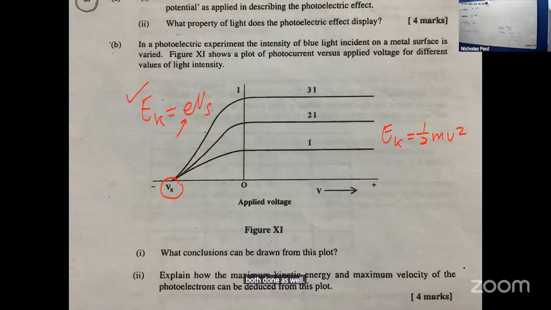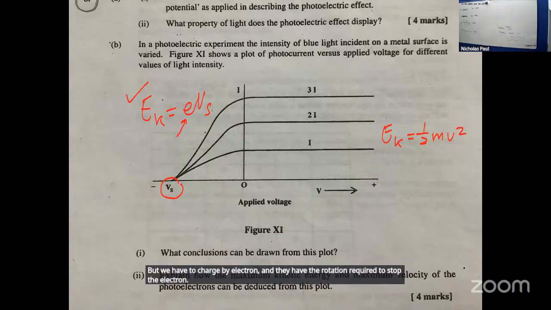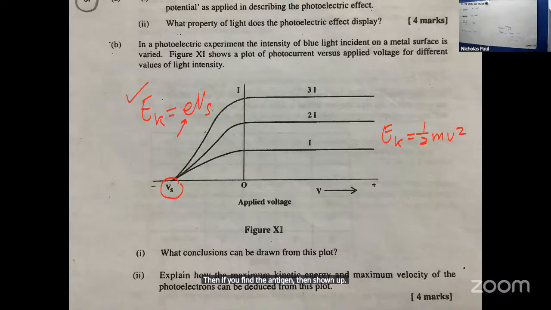Charge times voltage, Q times V. So if you have the charge of the electron and you have the voltage required to stop the electron, then you can find the energy that the electron has. As you remember, the Vs is to stop the electron going with the highest kinetic energy, right? That's okay.